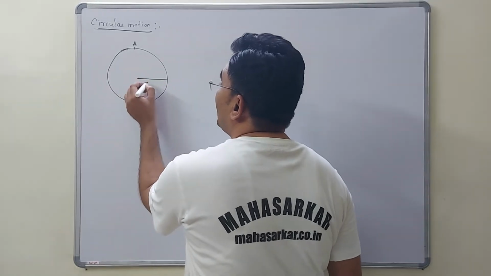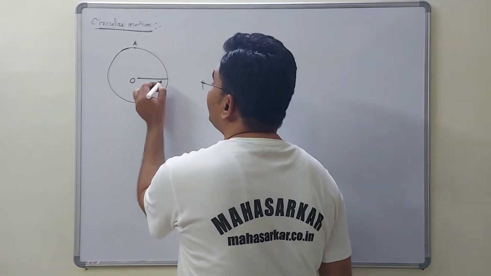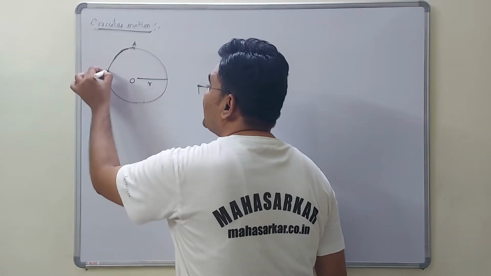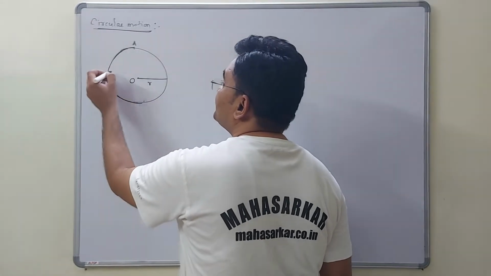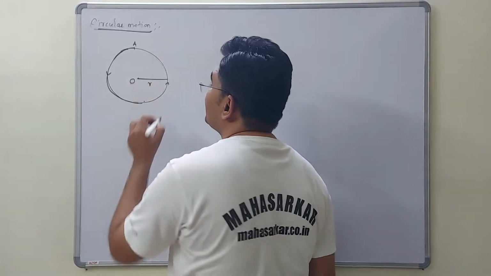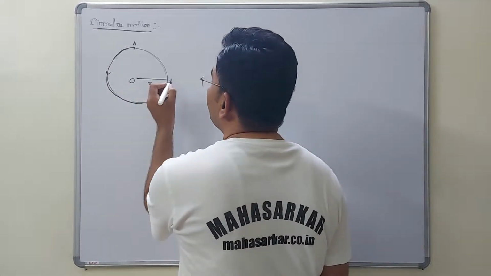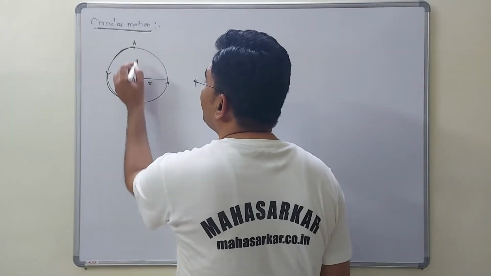If R is the radius of the circle with center O, then any person running over the circumference is performing circular motion.